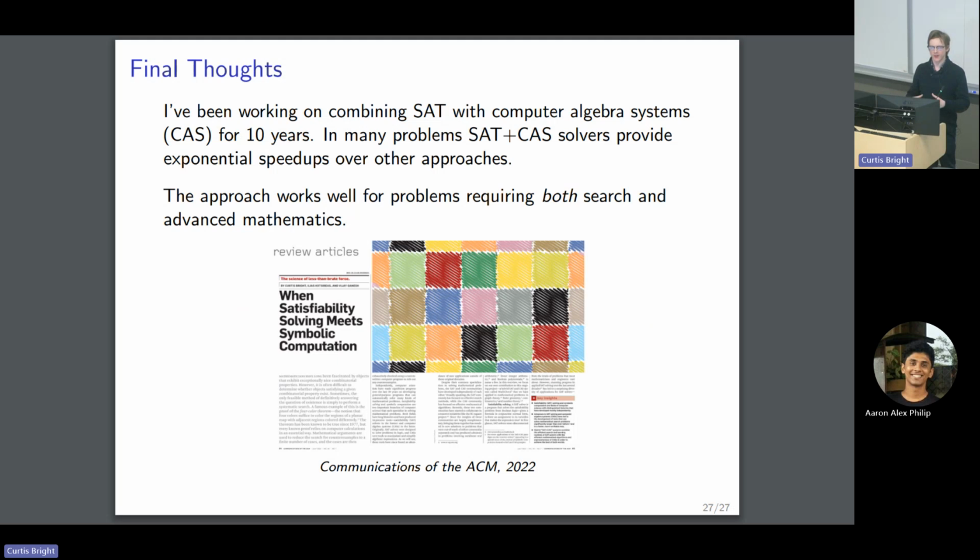You want them both because you're able to get this fast search and you're also able to get the sophisticated mathematics. Many problems that I've worked on actually have this flavor, and we typically see exponential time speedups. Even though the search is inherently exponential, the speedup is also exponential, meaning we're able to solve larger search spaces, larger examples of problems.